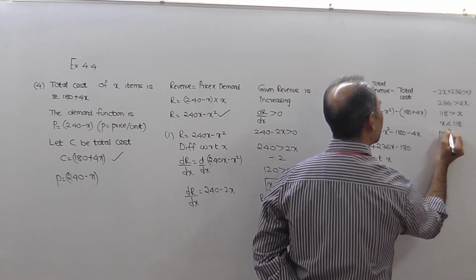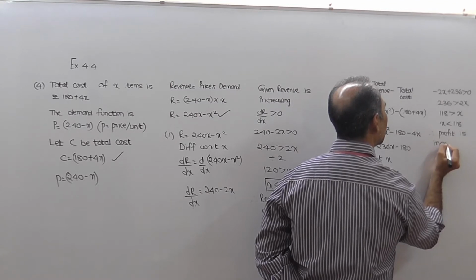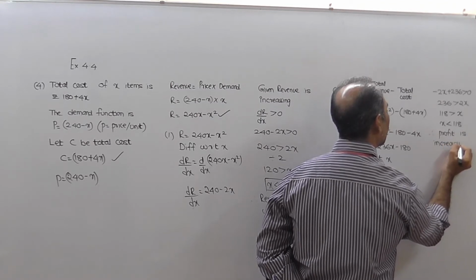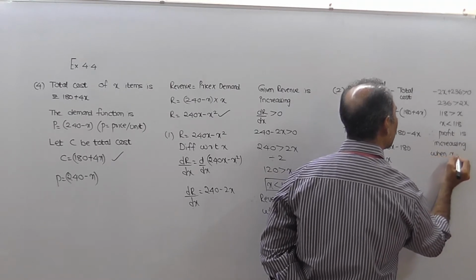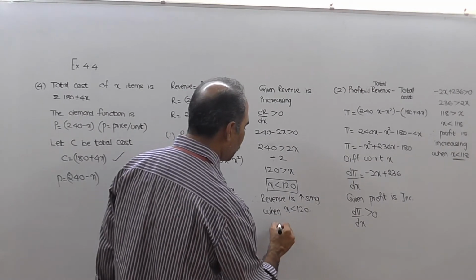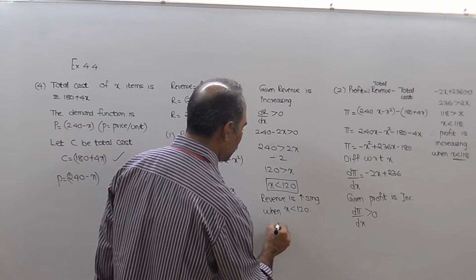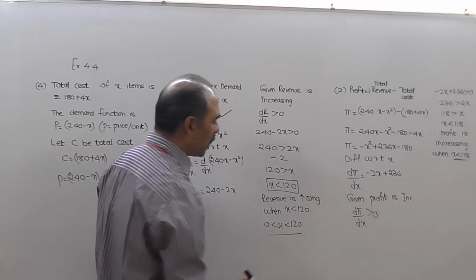Therefore, I will say that the profit is increasing when x is less than 118. If you want, you can also write this as x is greater than 0, less than 120. Why write it?